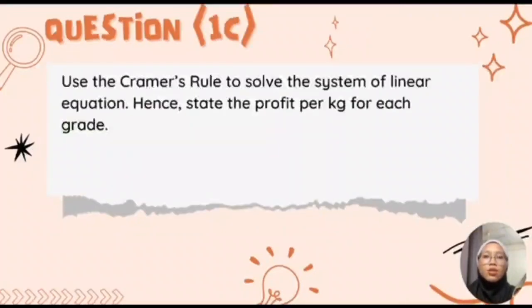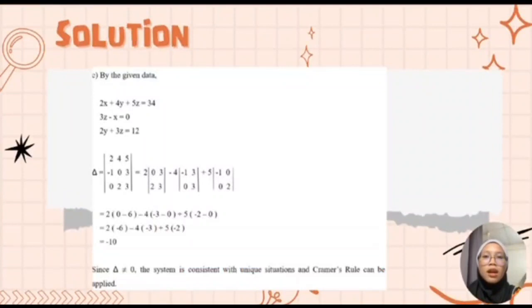Okay, next, question 1c. Use Cramer's rule to solve the system of linear equations. Hence, state the profit per kg for each grade. The solution is, first, we must find the determinant.